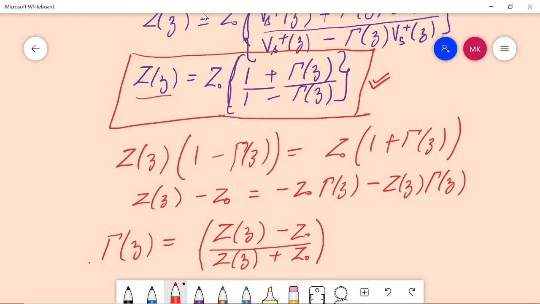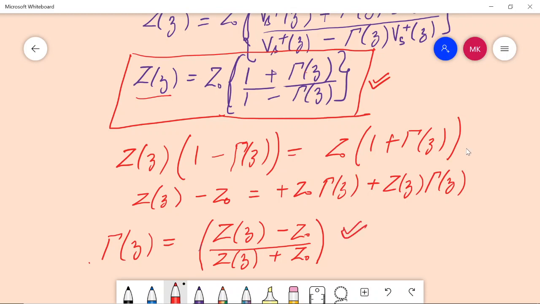So here it will be a minus, and this will become a plus, plus plus, and you will get this equation.